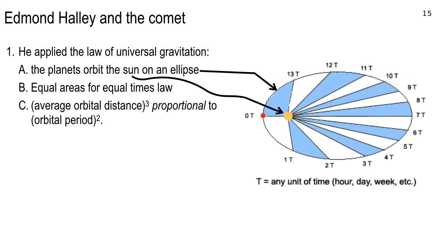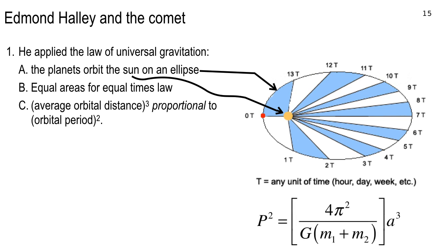We actually use it to measure the mass of a black hole in a binary star system. Average orbital distance to the third power is proportional to the orbital period to the second power. Here's the fancy form of it down here: orbital period squared equals a big constant in square brackets, 4 pi squared over G (m1 plus m2), times the average orbital distance a to the third power.